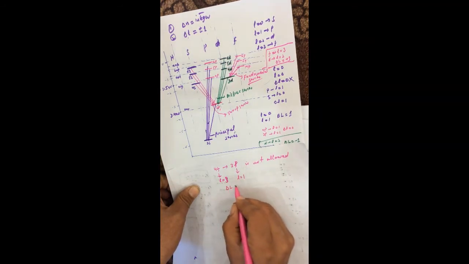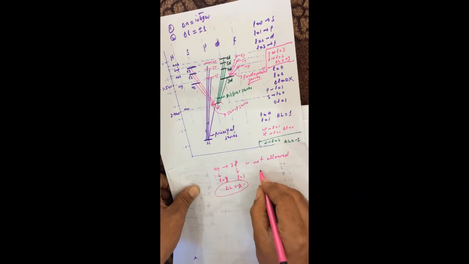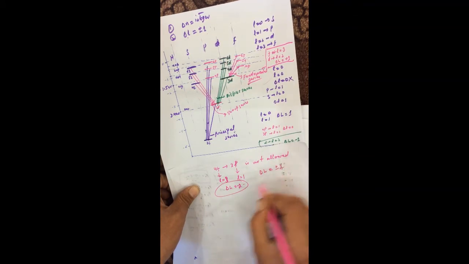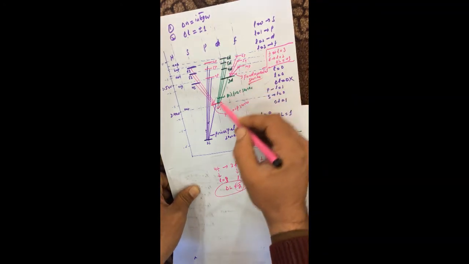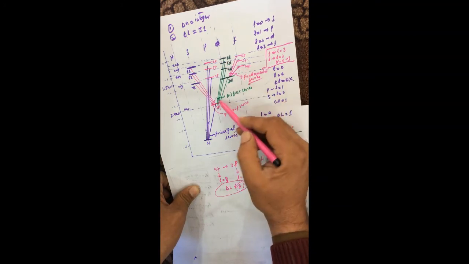If I calculate delta L, it is -2. So this transition is not allowed, because delta L value should change by plus or minus 1. Here the change is -2. So there is no direct transition from F to P.